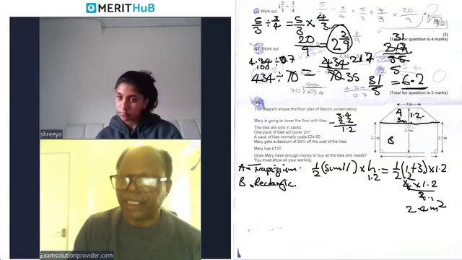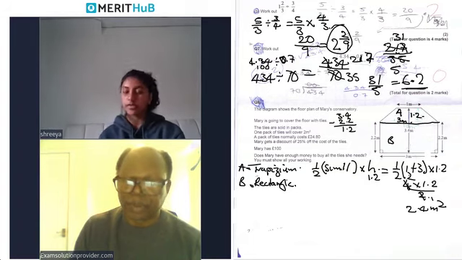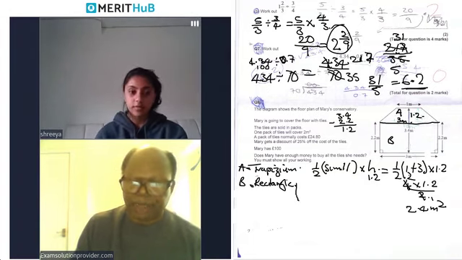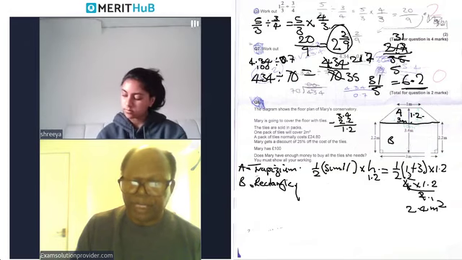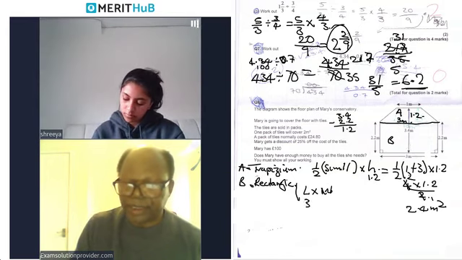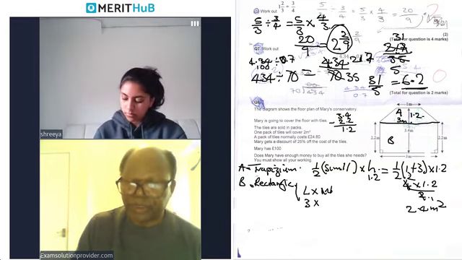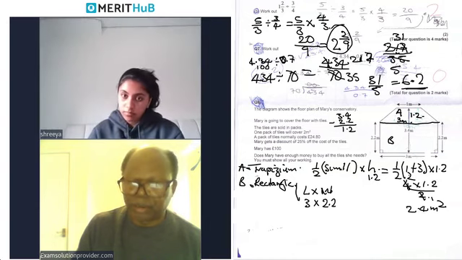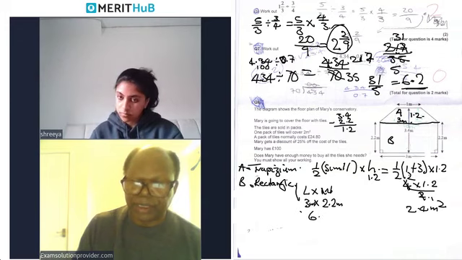So this is the area of this trapezium. The area of the rectangle is going to be length times width. So length is 3 meters multiplied by width, which is 2.2 meters. So this is going to be 6.6 square meters.